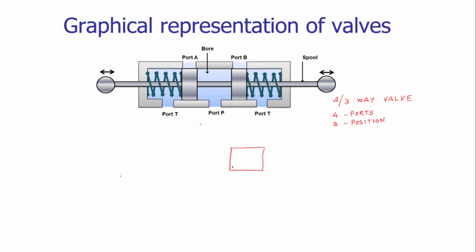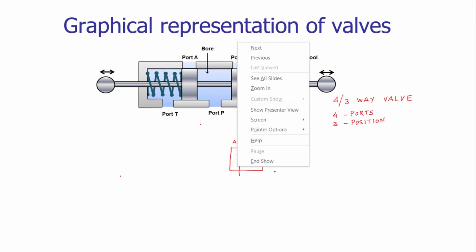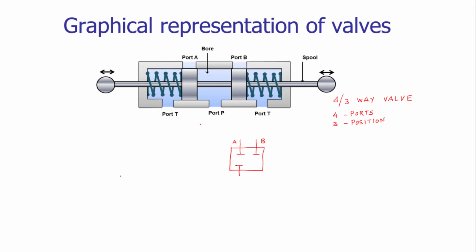Port A and port B, both of them are blocked. From port P there is no fluid going, so we can consider port P also in block position, and the tank is also in a block position.